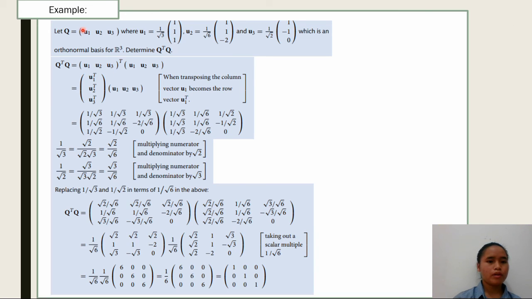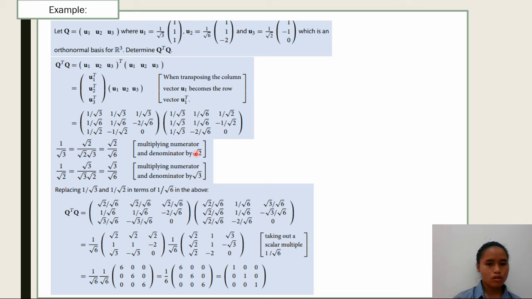Example: let Q be made of U1, U2, and U3, where U1 is set. So we transpose and we multiply by 2, and we get this.